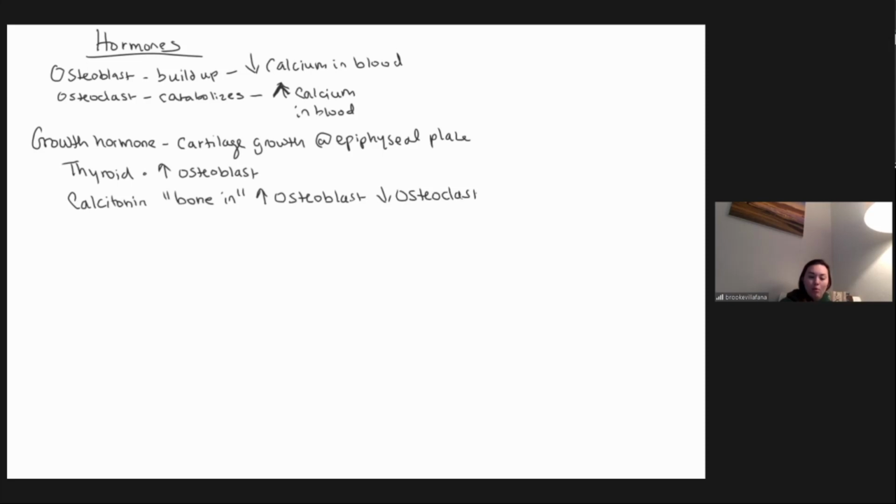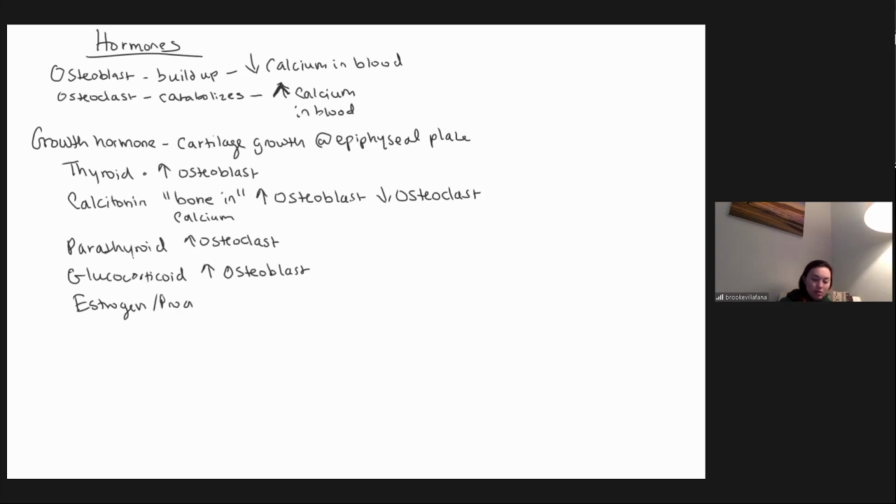So it's putting more calcium into the bone. Bone in calcium, putting calcium into the bone. Parathyroid hormone is going to increase calcium levels. So that means it's going to increase osteoclast. The glucocorticoids, these are another hormone, and these are going to increase resorption. So this is going to increase calcium in the blood, so increase osteoclast. And then lastly, we have estrogen and progesterone. These increase osteoblast.